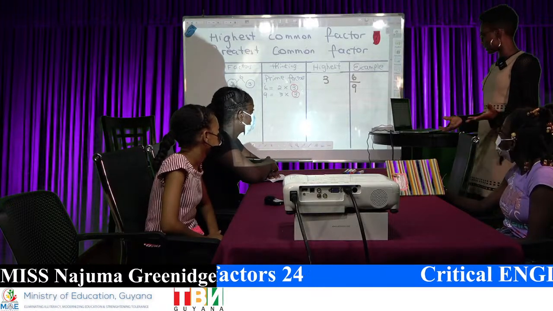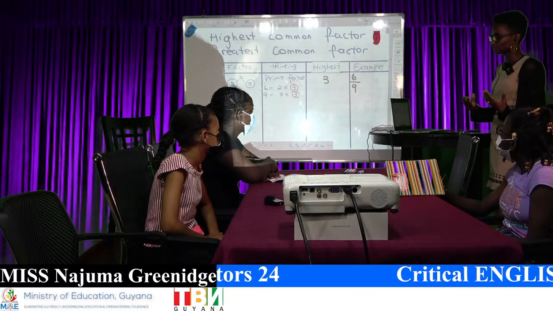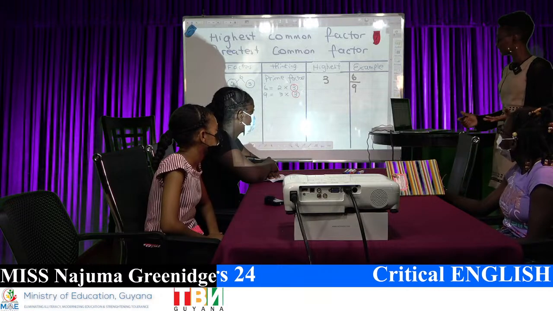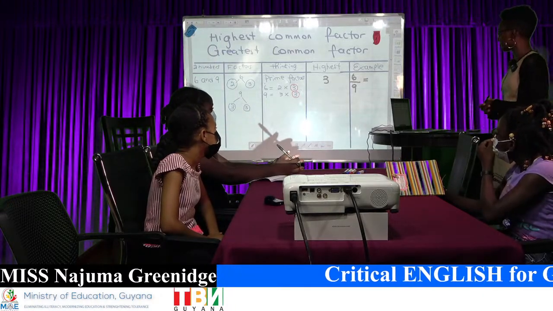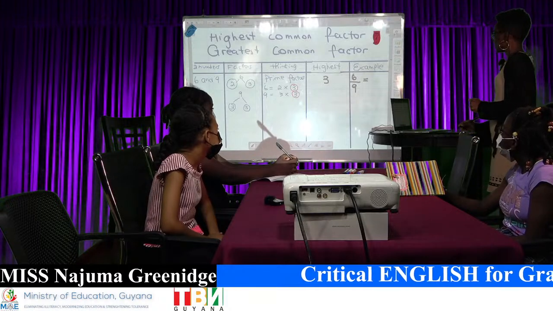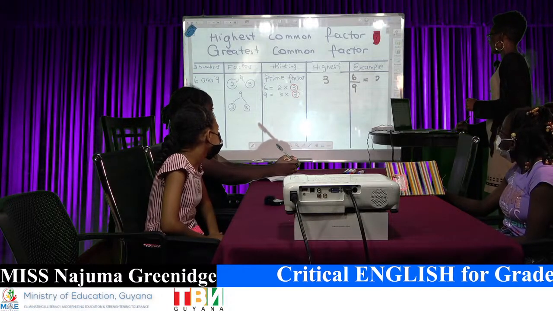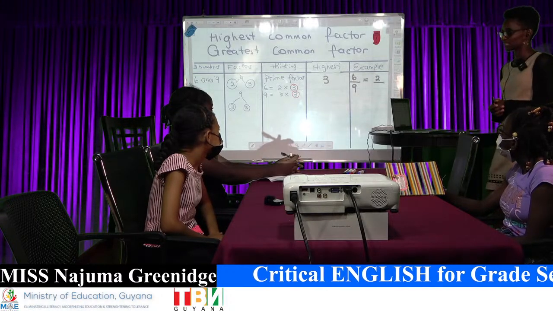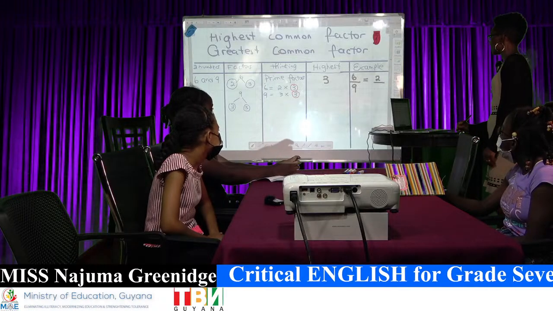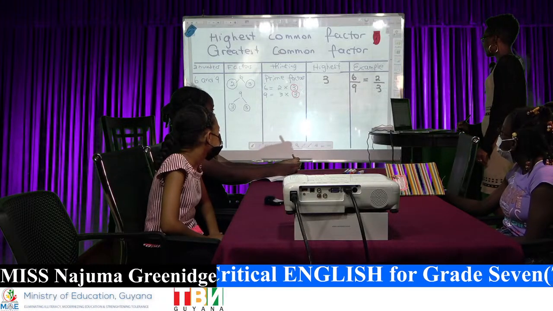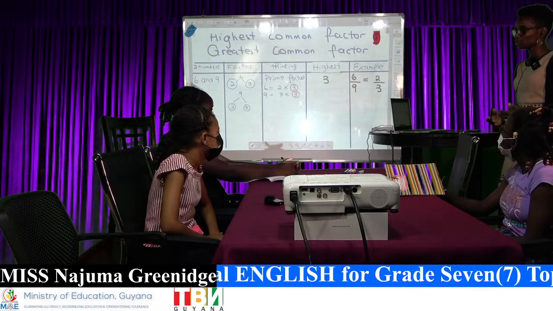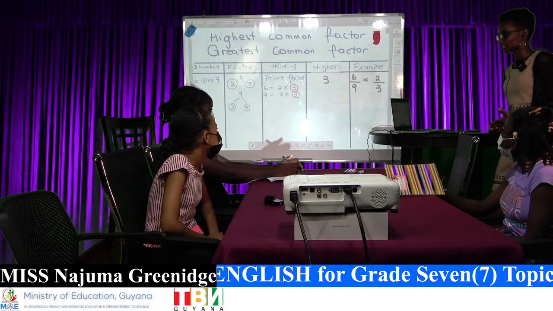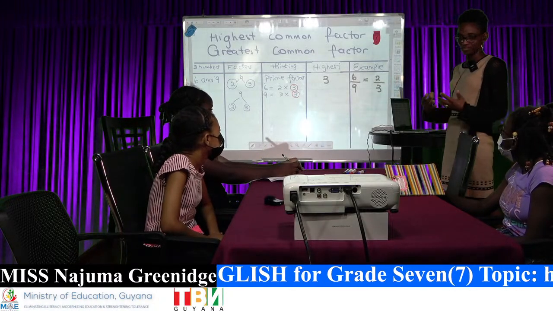Since our highest common factor is 3, how many times can 3 go into 6? 2 times. And how many times can 3 go into 9? 3 times. So our fraction 6 over 9 has been reduced to 2 over 3 by using the concept of highest common factor.